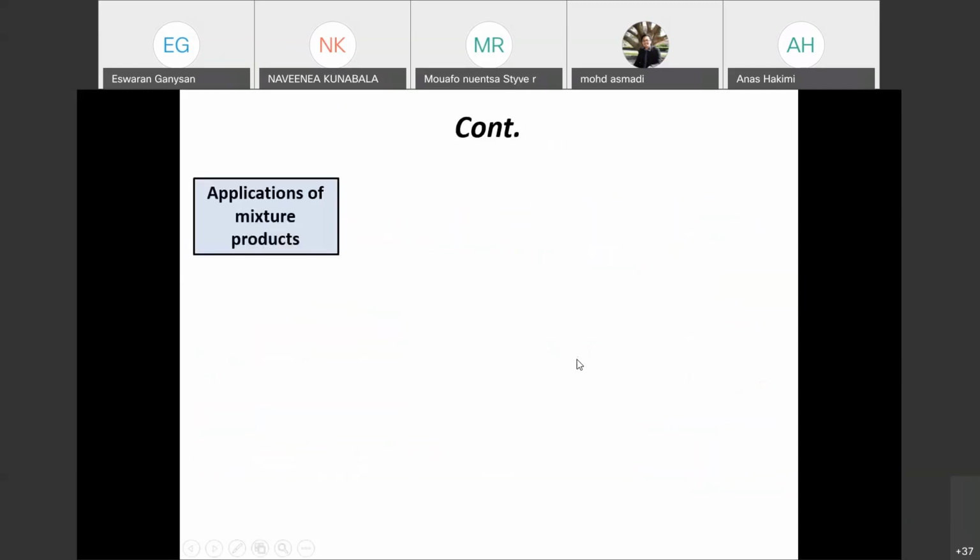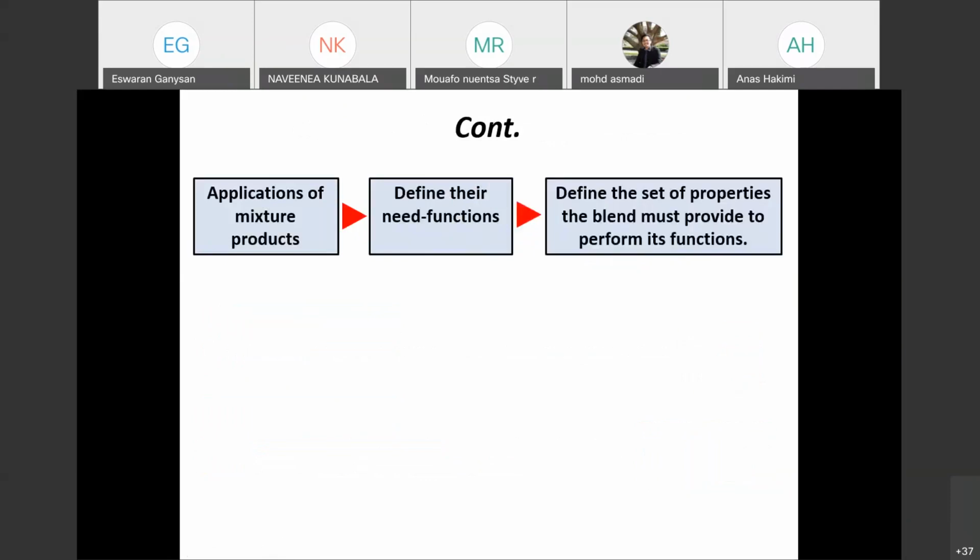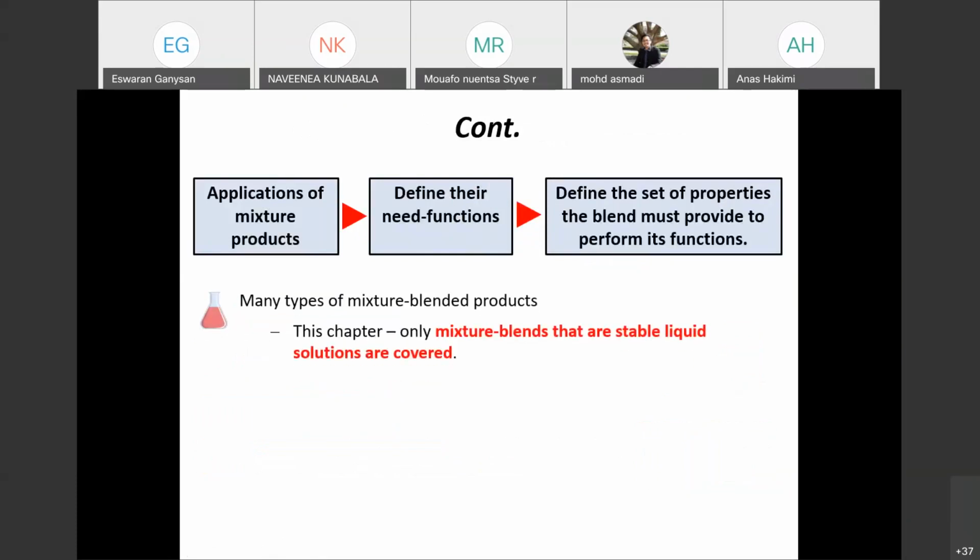Just like molecular products, for the application of mixture products we need to define their needed functions, and we need to define the set of properties the blend must provide to perform its functions. Generally the chemicals in the mixture design problem could first be generated through the molecular product design step.